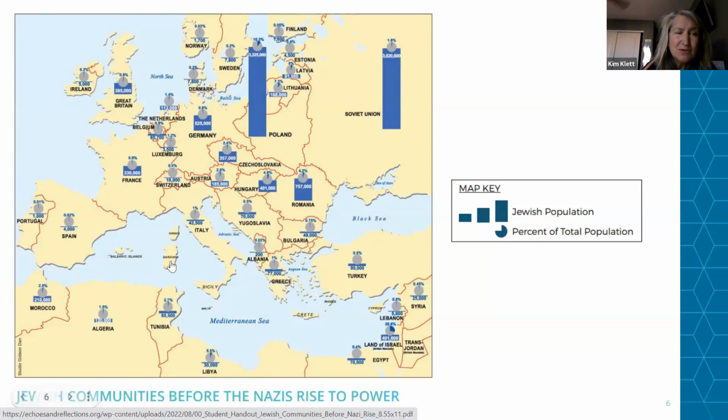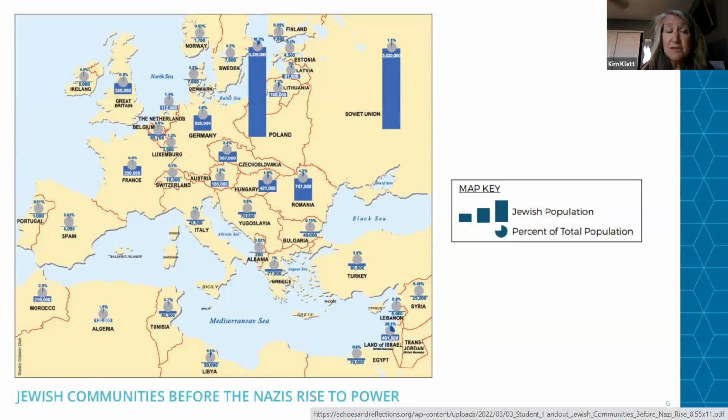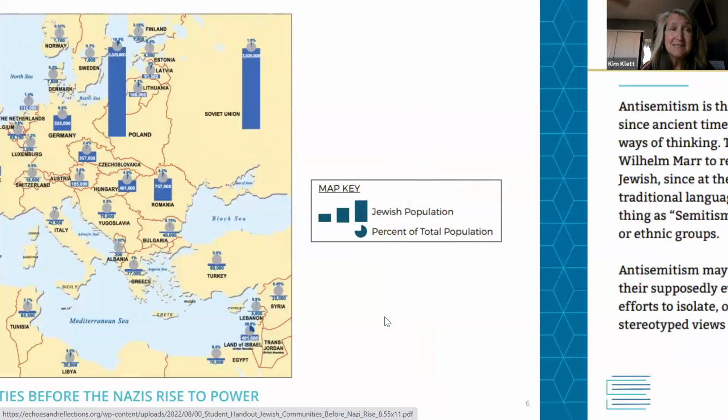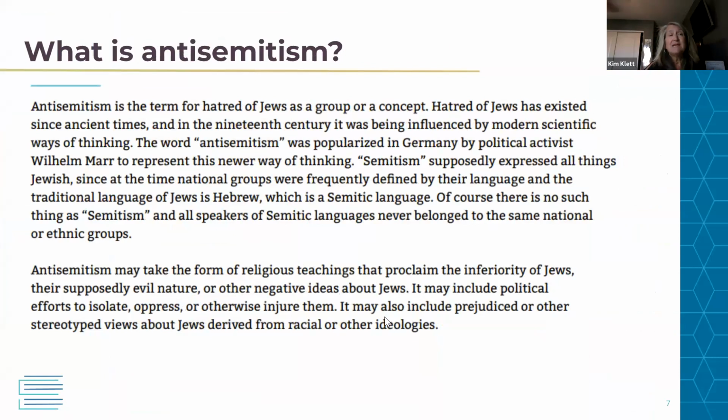And down into North Africa, even, right? And these numbers over here, like in the Middle East as well. And so they're surprised by that also. So this is something that's good to start with. And again, all kinds of things could be done with this map and that they could learn from it. But I'm going to go on to the next piece, and that is going back to our definitions.